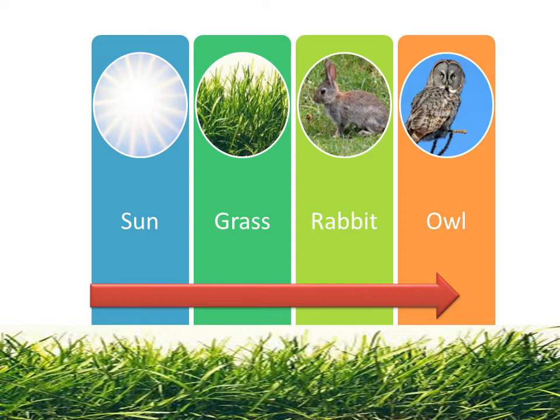Then the rabbit themselves will pass the energy from the sun to the owl because the owl eats the rabbit. So these pictures can be organized according to the flow of energy because one organism depends on other in order to get the food they need.